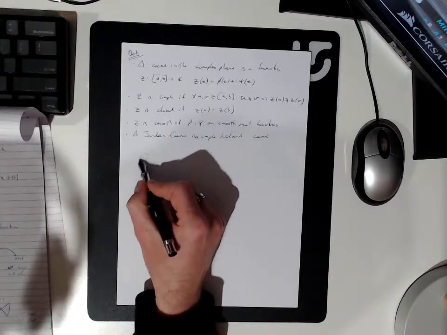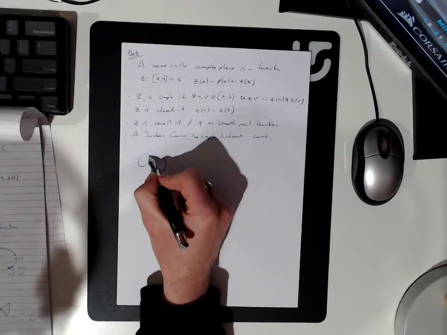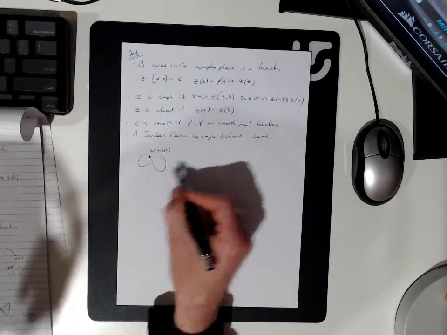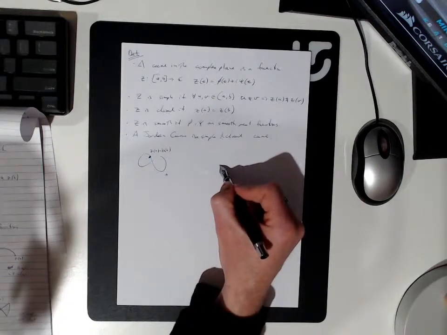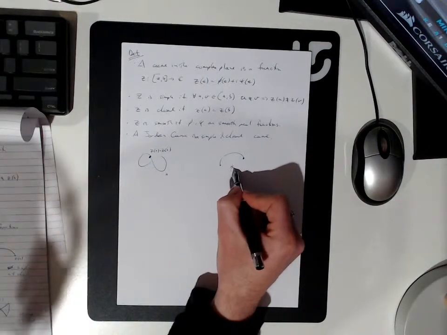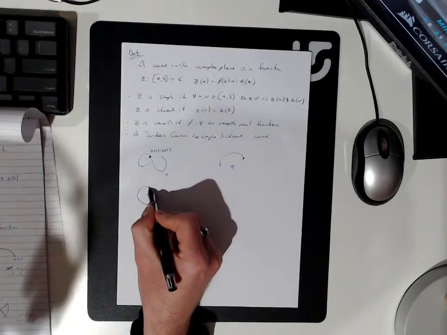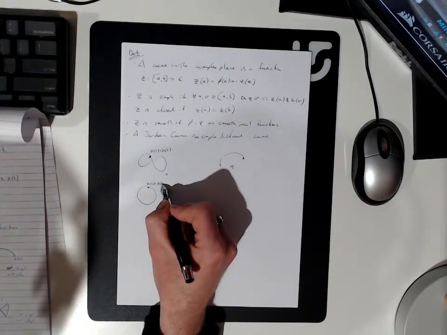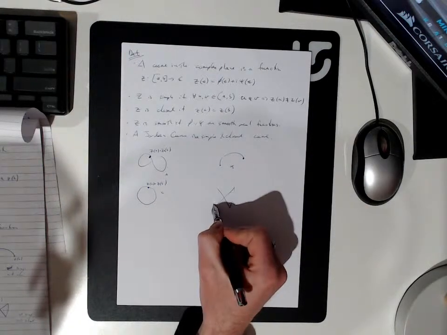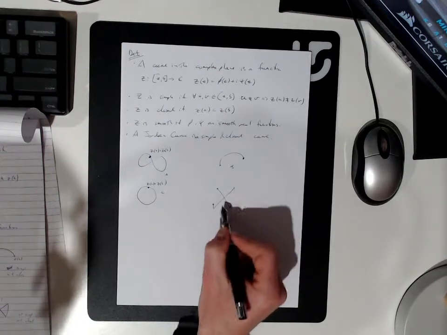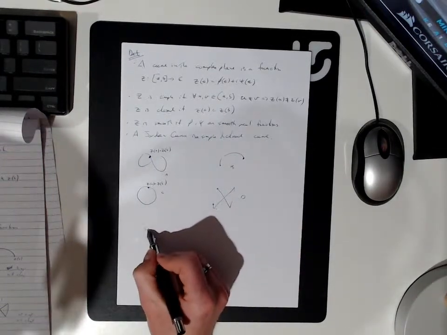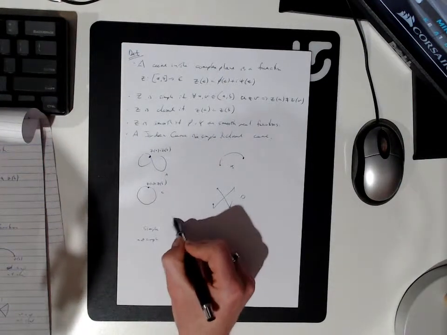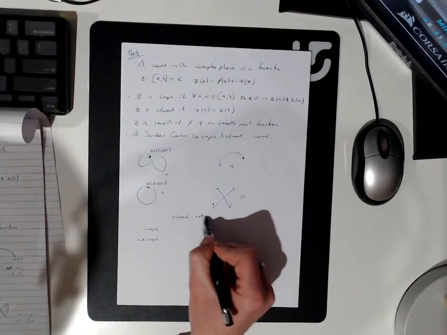So here's some examples. A, B, C, D. So simple, not simple, closed, not closed.